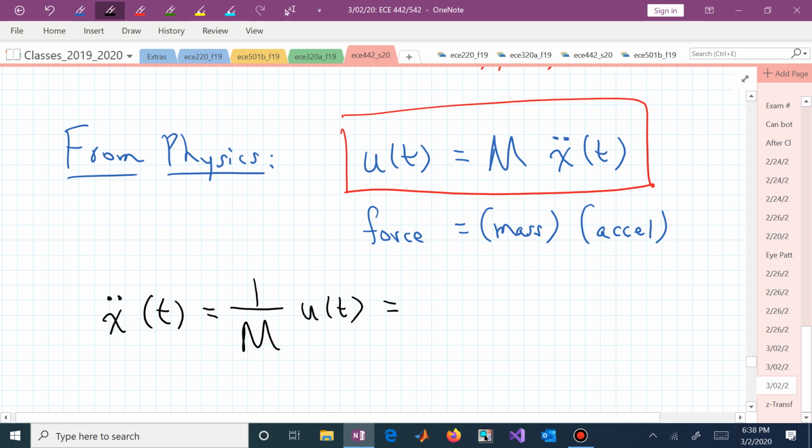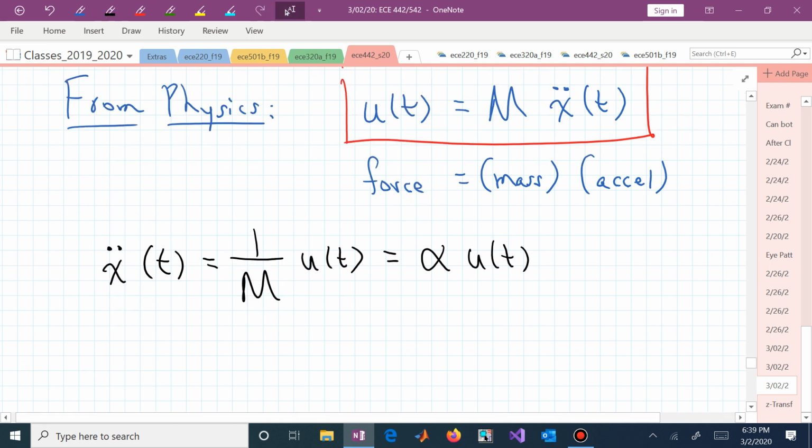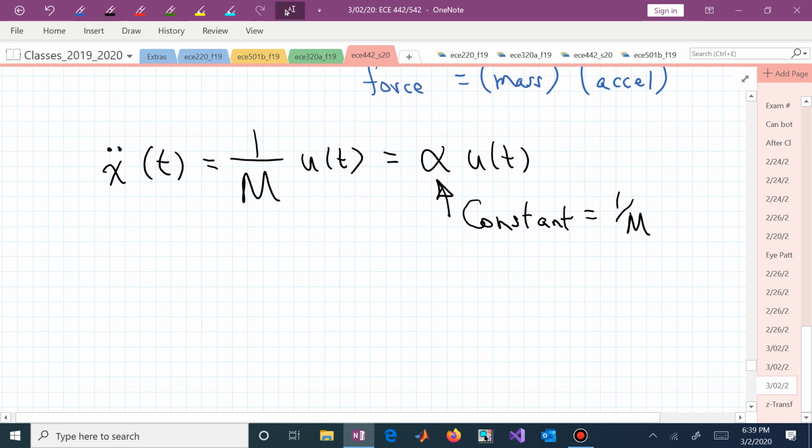And that 1 over m might seem a little ugly, so let's go Greek. Let's just replace 1 over m with a Greek variable, alpha, where this is now just a constant. What's the transfer function of that system?